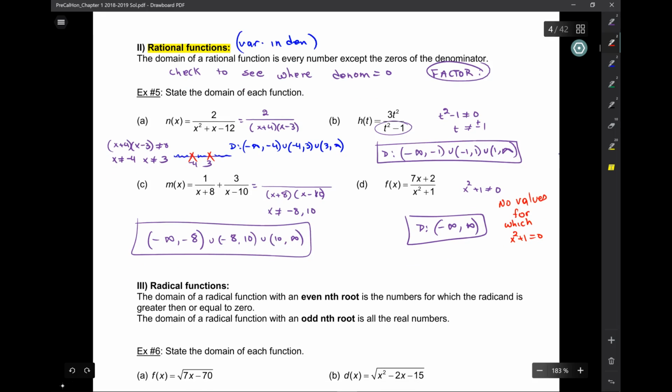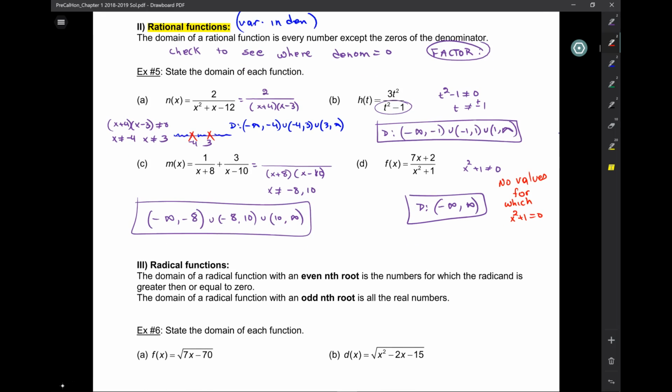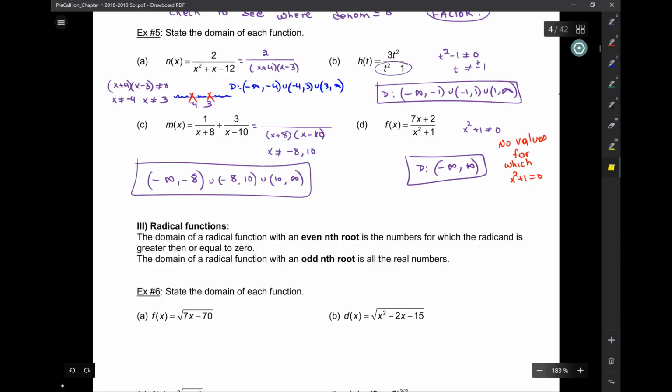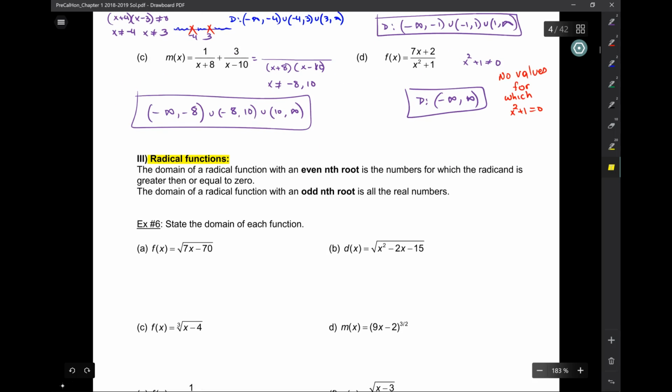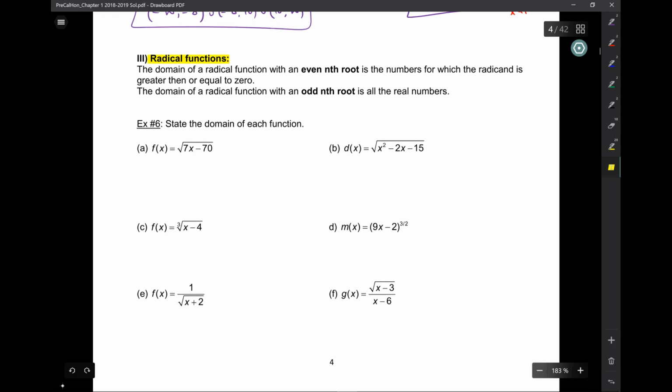So we talked about polynomials, we talked about rational functions. Let's talk about radical functions. And that's not a political statement. Radical functions we have to classify into two as well. You can get an even nth root, so a fourth root of something, a square root of something.